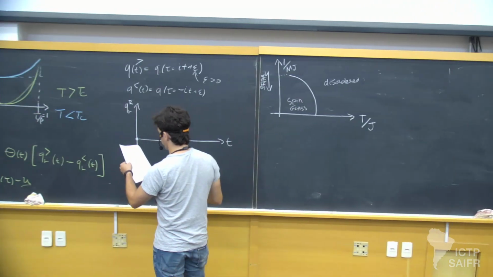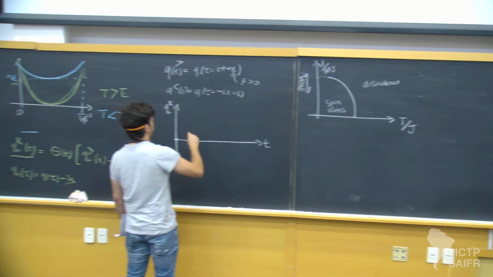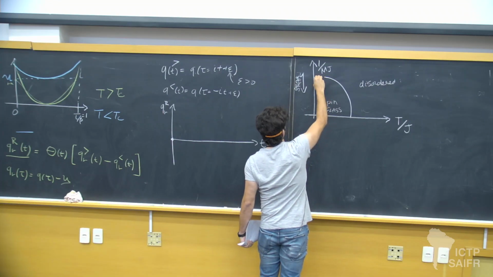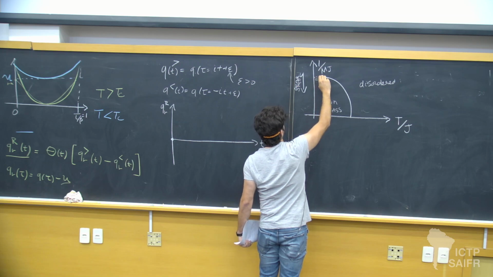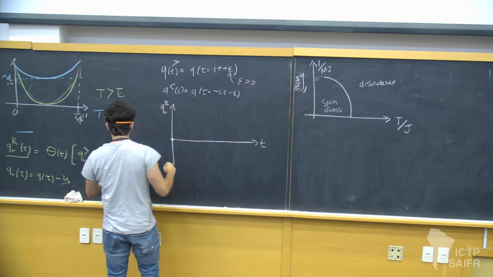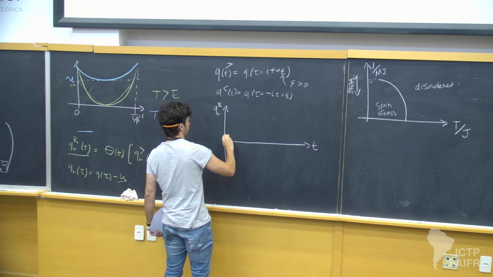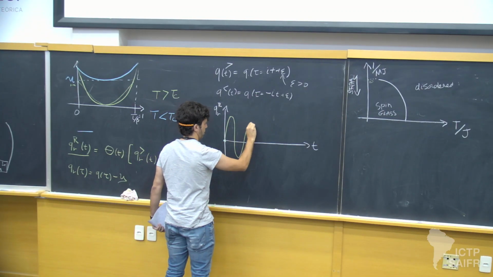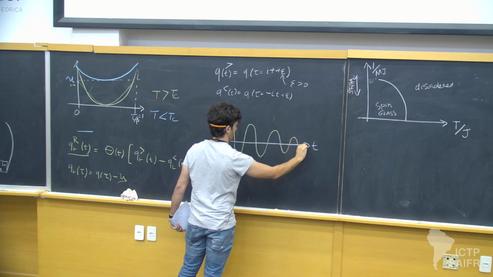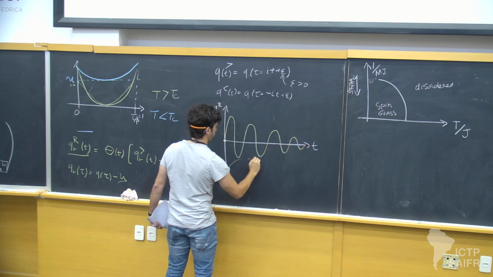So now let me show you what happens in the spin glass phase, but for mJ small, which means it can wiggle a lot, you get a function that looks like this, with some profile like this.